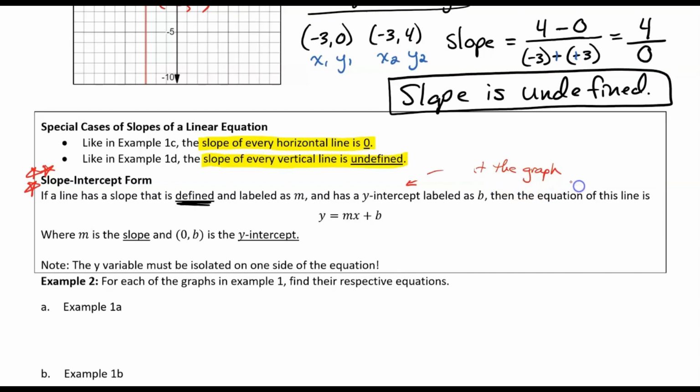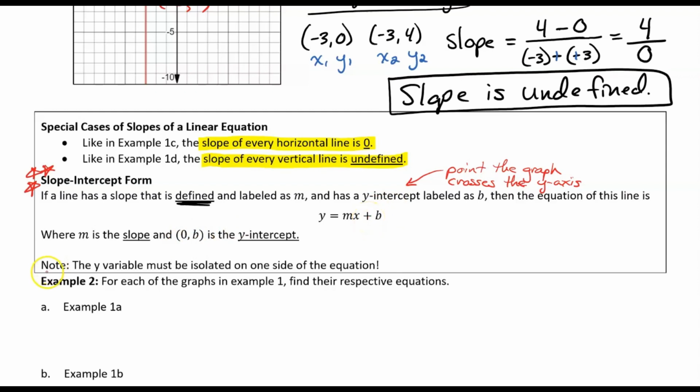It's called our y-intercept. Then the equation of this line is given by y equals mx plus b. And again, that m is the slope, and the point (0, b) is the y-intercept, because if it's crossing the y-axis, it's going to have this form. So 0 is the x, and our y value is that b part that we're adding.